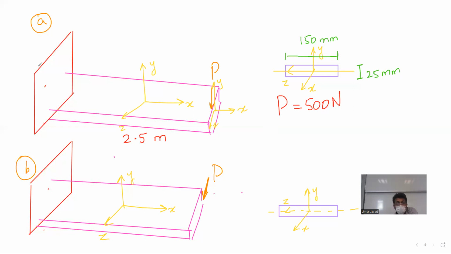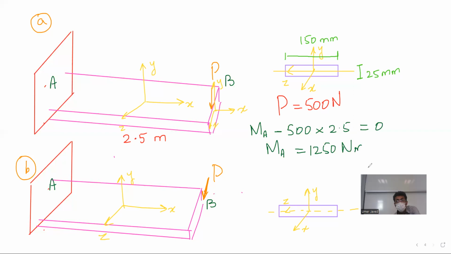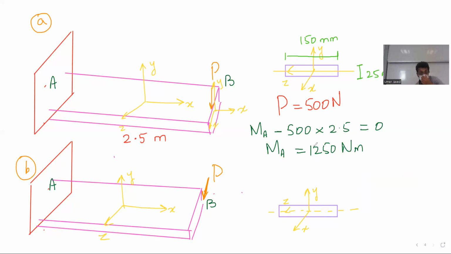So I will do it for you. Let's call this A. Let's call this B. So, taking moments about A, anti-clockwise, minus 500 multiplied by 2.5 equal to 0. So the support is subjected to 1250 Newton meter. Then I will use the statics principles.